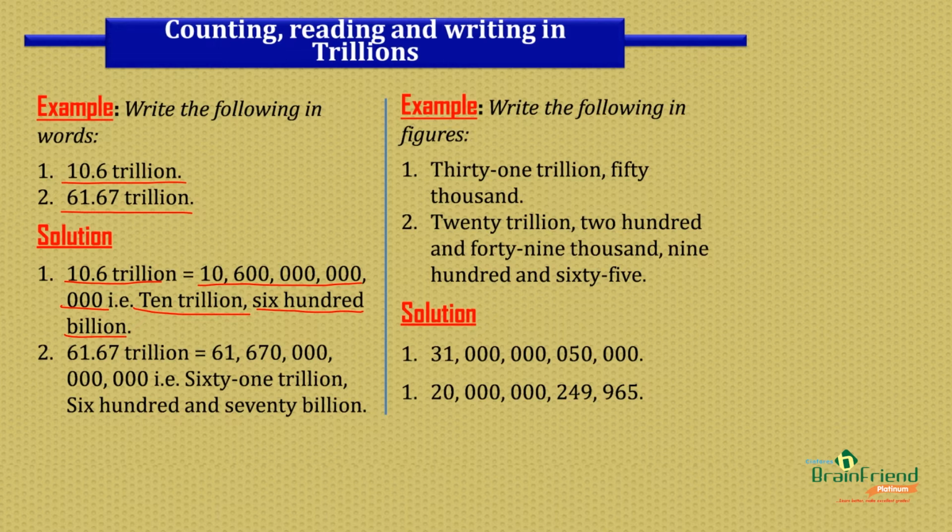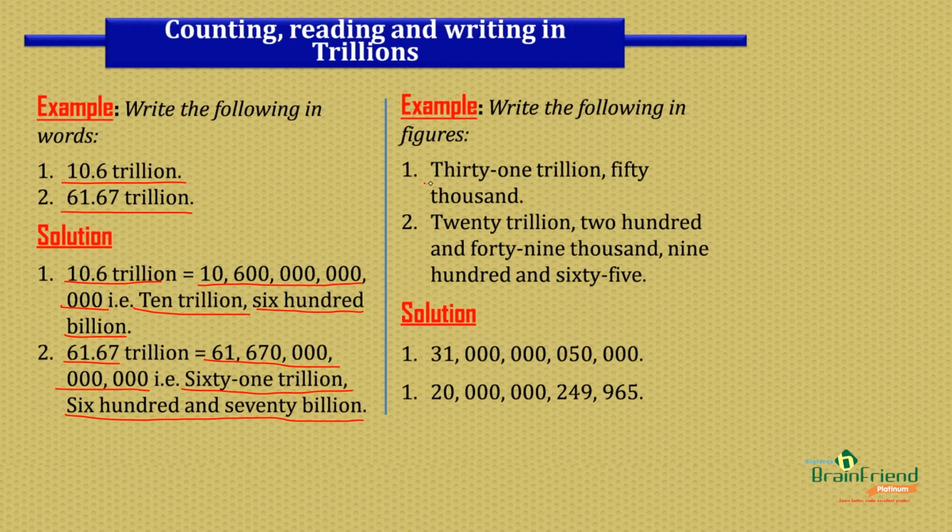For the next number, we have 61.67 trillion. So as usual, we express it in figures, and then we write in words 61 trillion 670 billion.